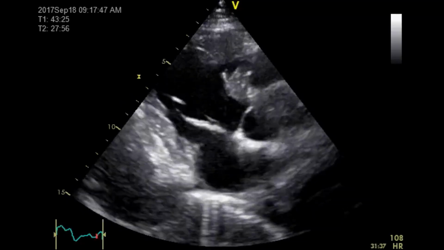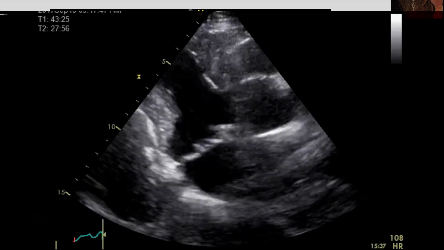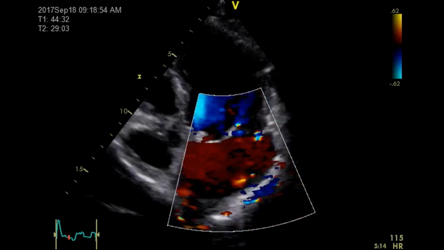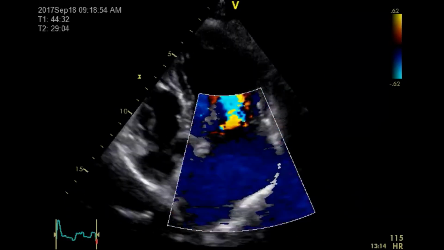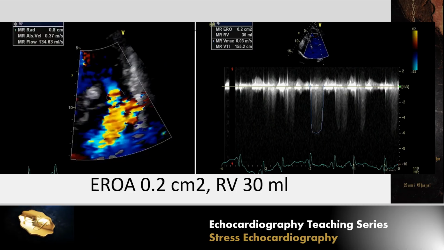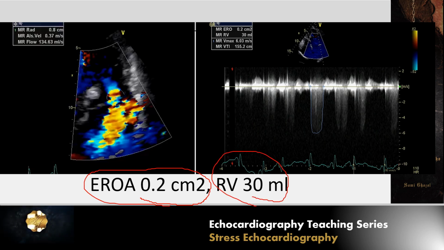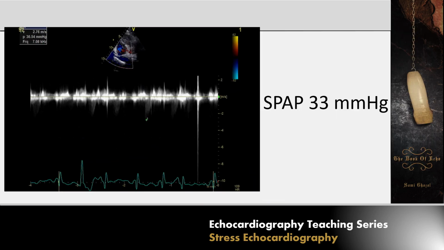Now with exercise, we try to re-quantify the MR, and we did the quantification with the PISA. Effective regurgitant orifice area is the same. There is not much increment in the regurgitant volume.